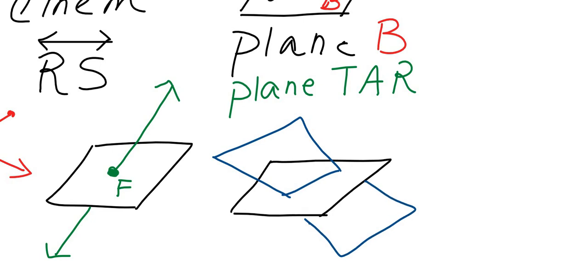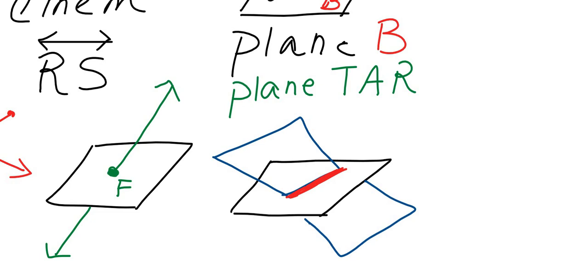Here I have two planes intersecting, the black plane and the one that's slanted or diagonal, the blue plane. Now, the question may be, what is the intersection of these two planes? Well, this is where they're crossing right here.